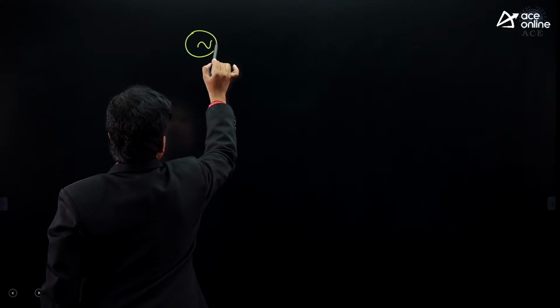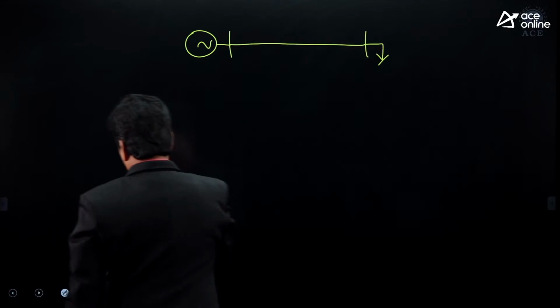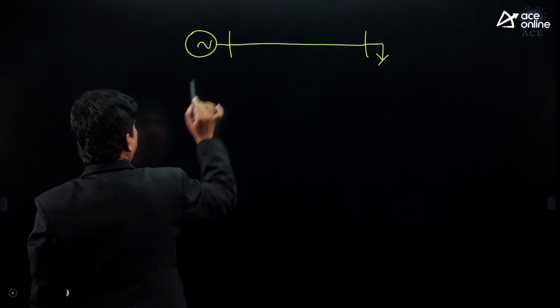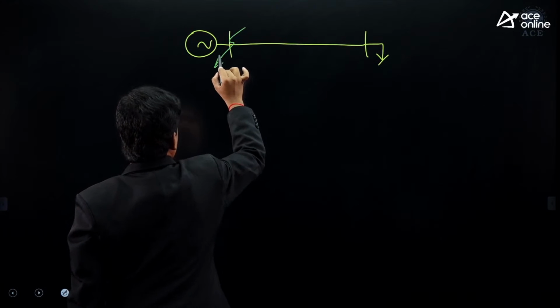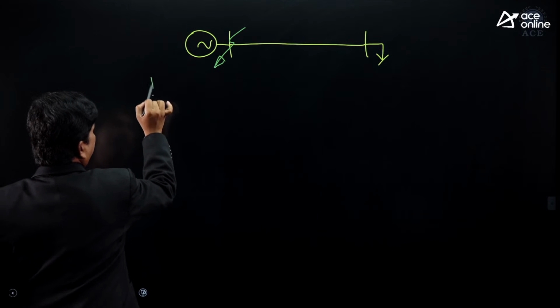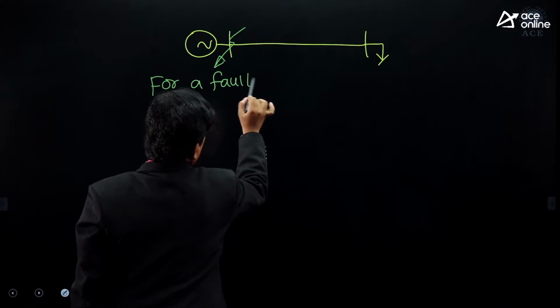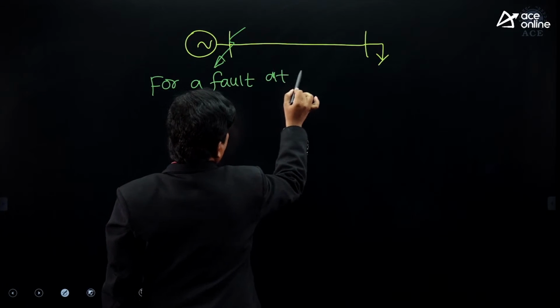And coming to whenever the same fault is occurring at the terminals of the generator, so here we have the fault. We can say the fault at the terminals of the generator.